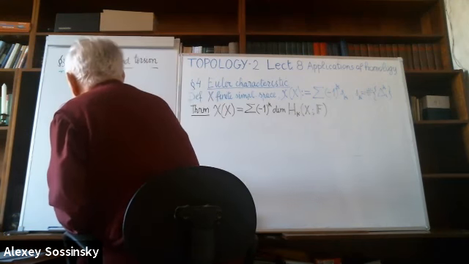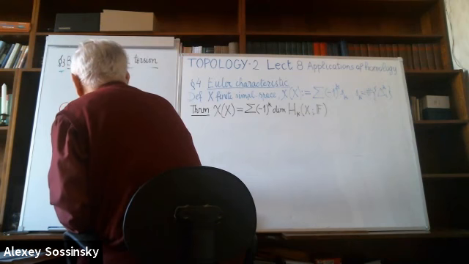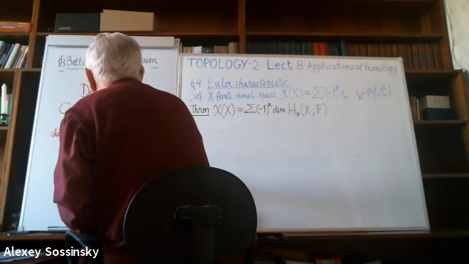So, for example, C_k is by definition C_k(X; F).